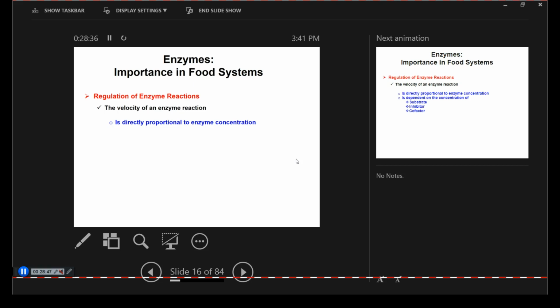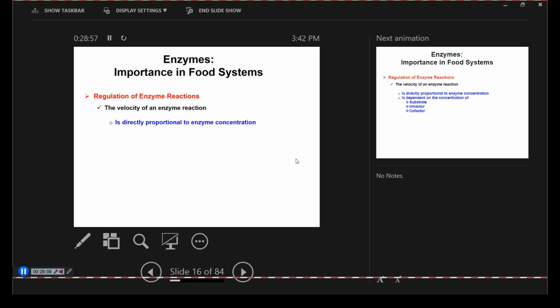So talking about speeding up the reactions, let's look a little bit at the velocity of the enzyme reaction, or the rate of the enzyme reaction, or how fast the enzyme reaction goes. It is directly proportional, obviously, to enzyme concentration.